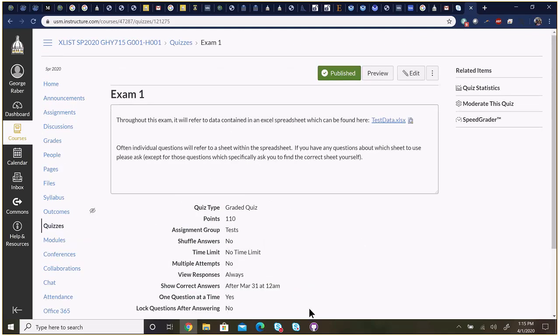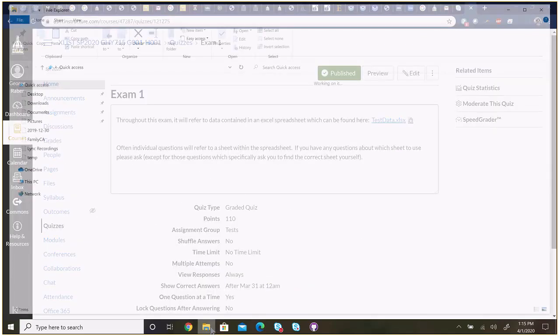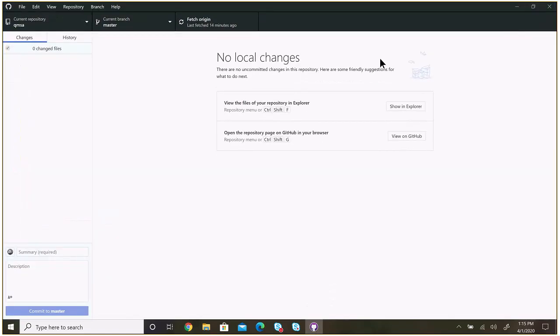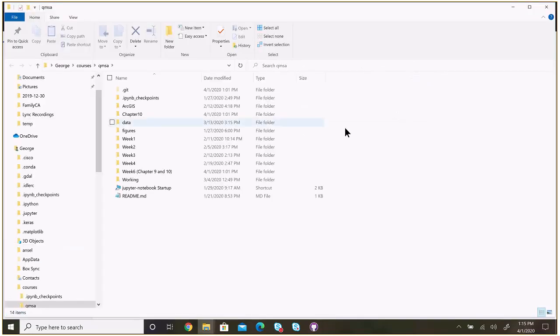And to do that, I'm going to open up a sheet. Okay, so here's the GitHub data, and what I'm going to do going forward is, instead of organizing these by weeks, in case there are further disruptions, I'm going to organize the repository by chapters.